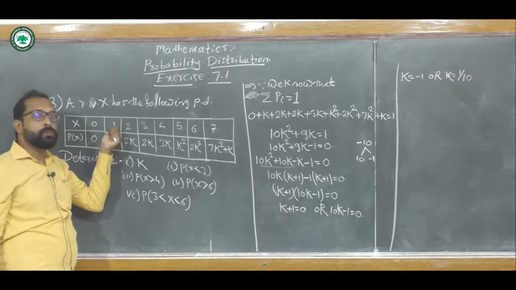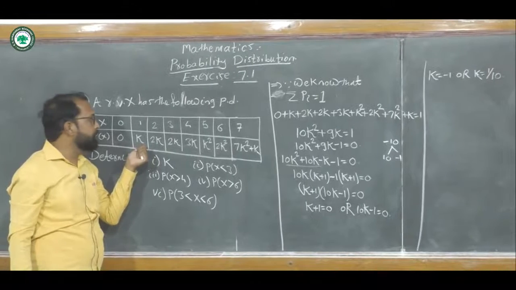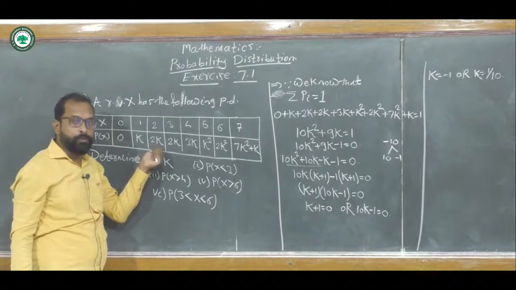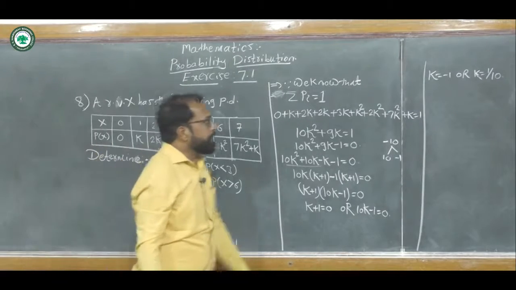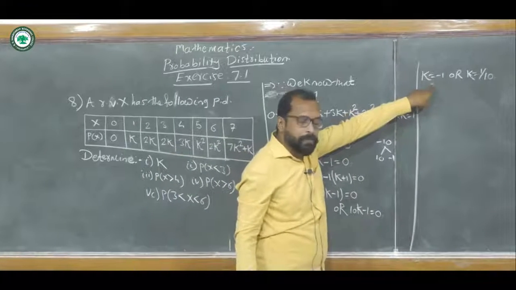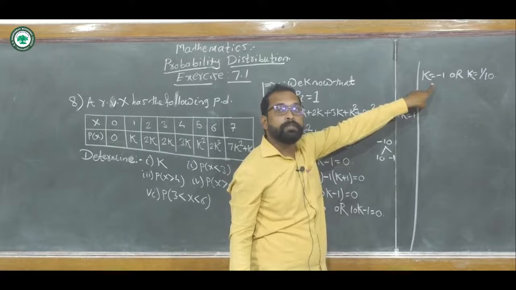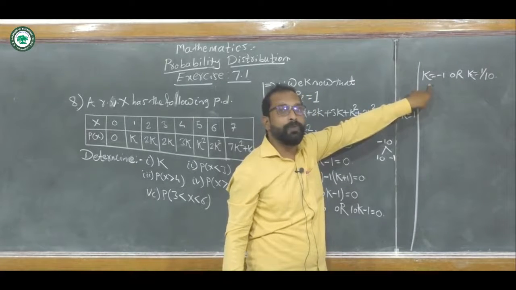For x equals 1, it becomes minus 1. For x equals 2, 2 into minus 1 means minus 2. So for k equals minus 1, the probabilities become negative. So this k equals minus 1 is invalid.